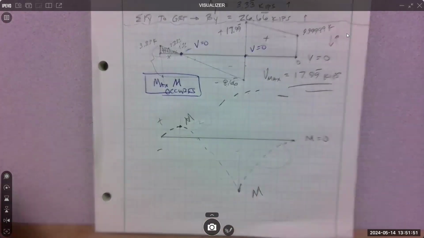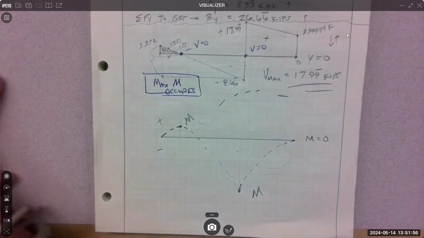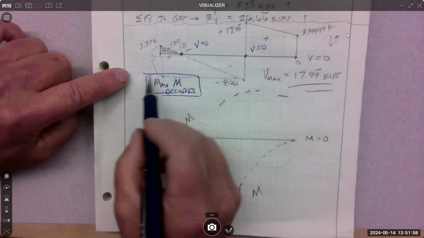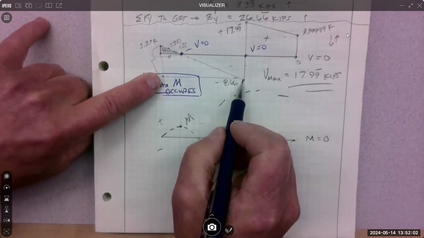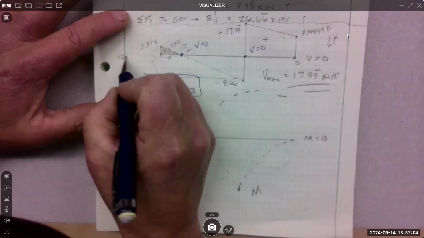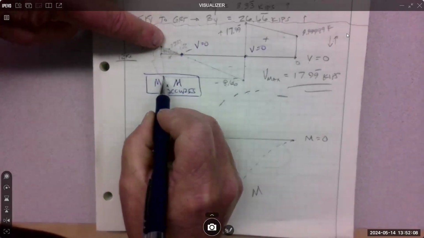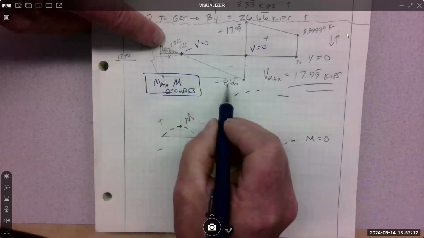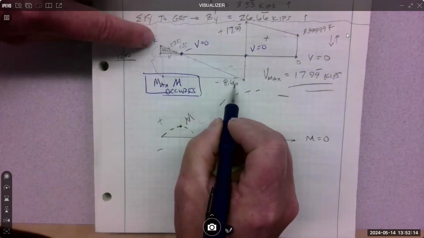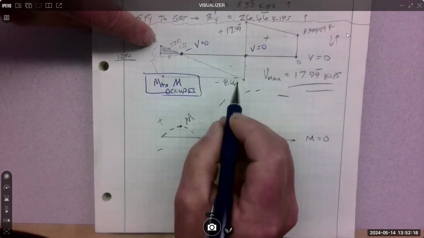So how do you do similar triangles? You set the base, 12 feet, over the height, which is not 12 feet. It's 8.66 plus 3.33 kips.